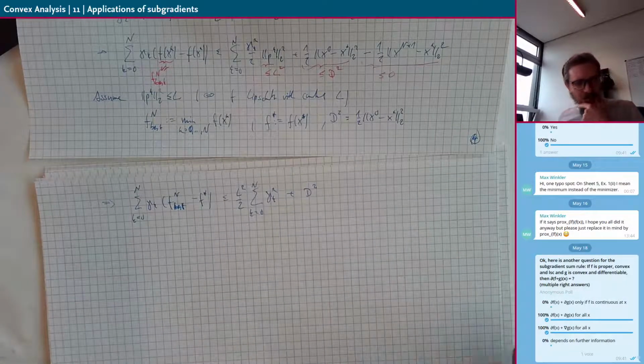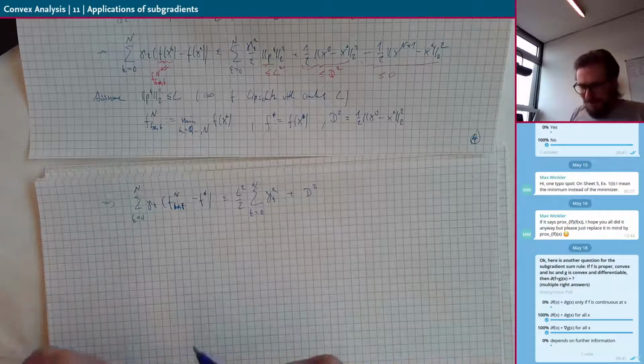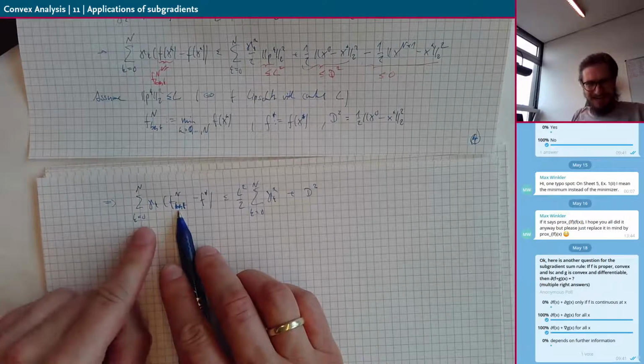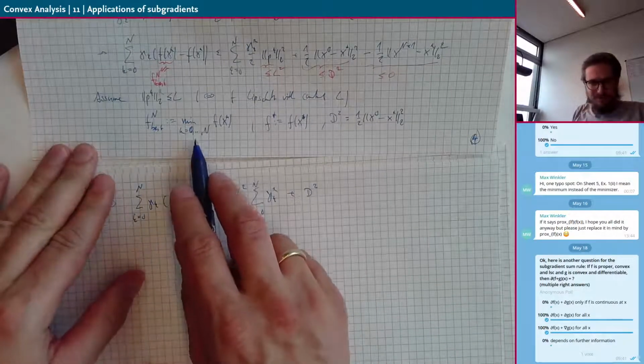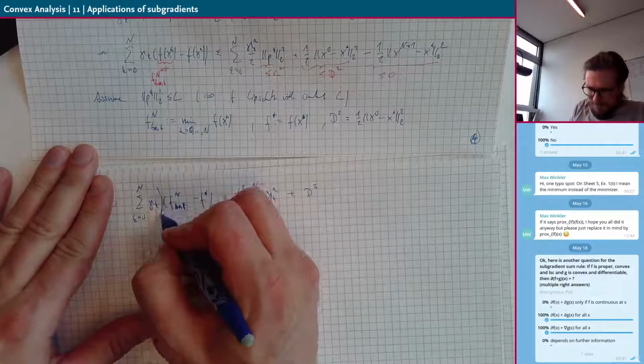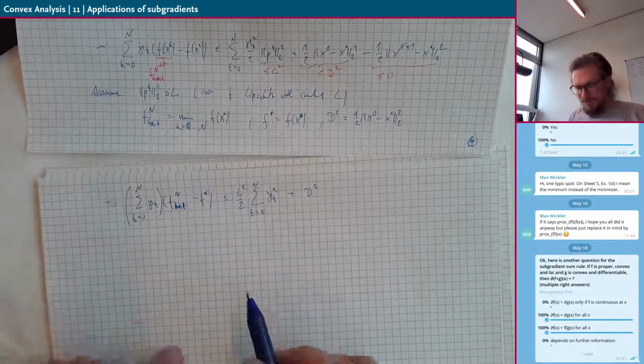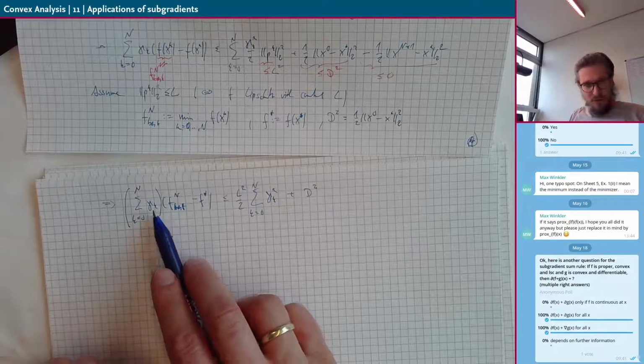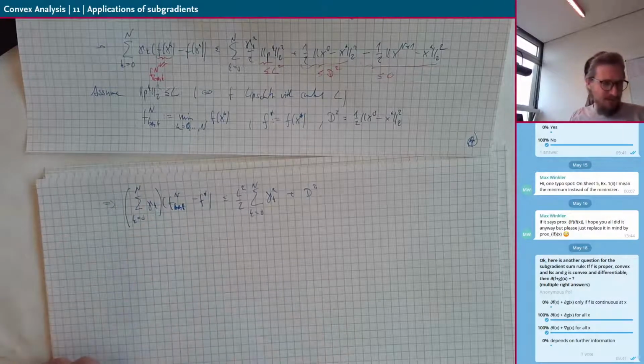The good thing is that this is now independent of k. That's why we introduced this quantity, and we can pull it out of the sum. And now we have something nice.